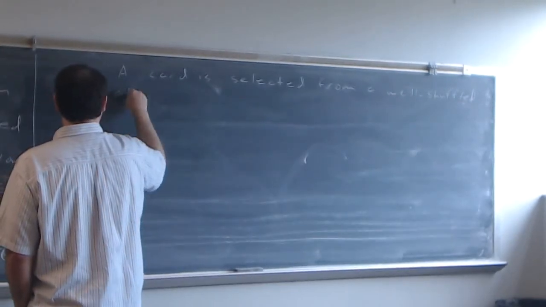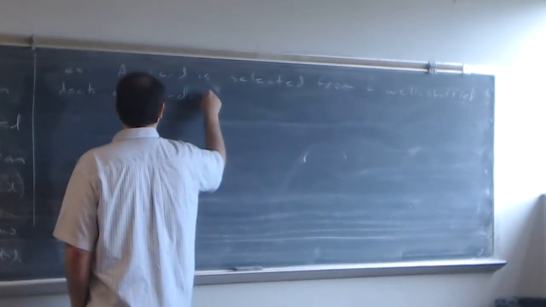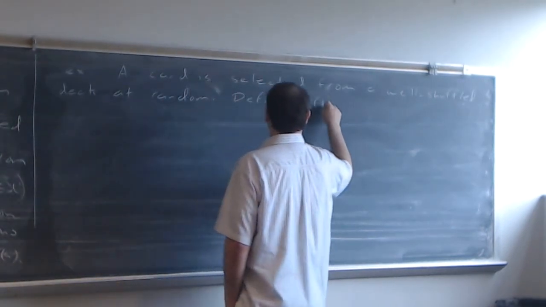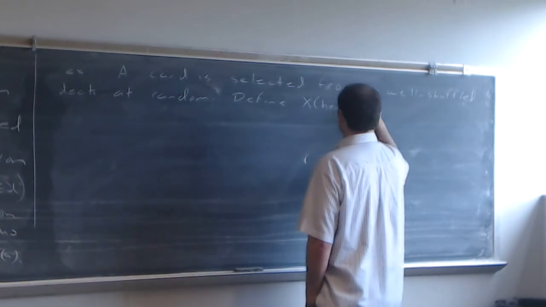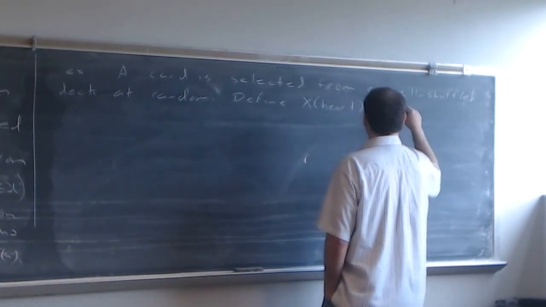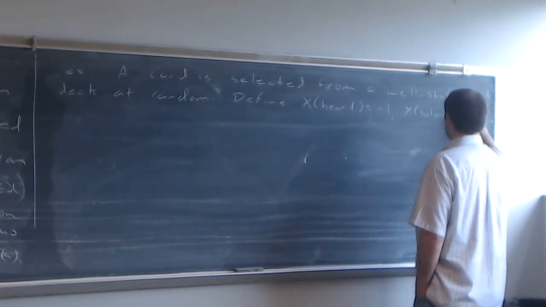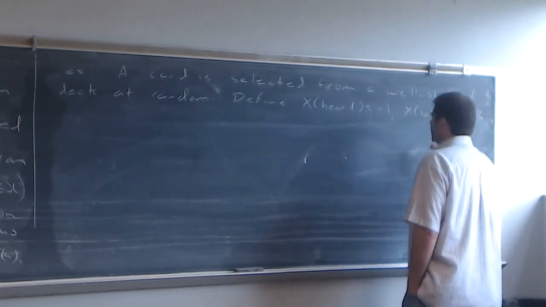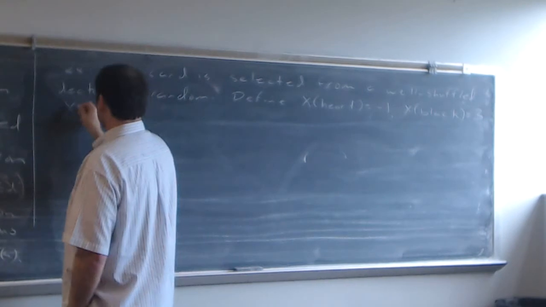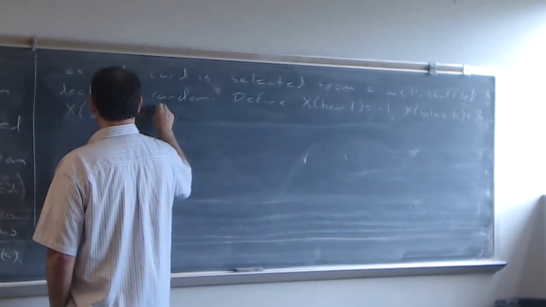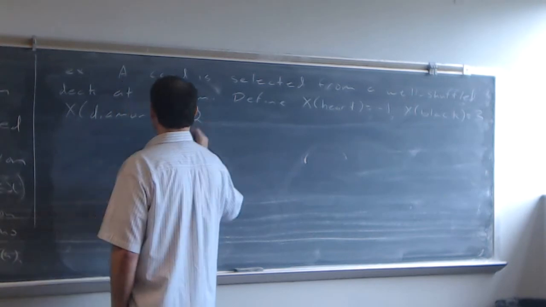Again, we're going to define x of a heart to be equal to, I think it's -1, x of a black heart to be equal to, I think it's 3, and then x of a diamond, well, that's equal to 2.